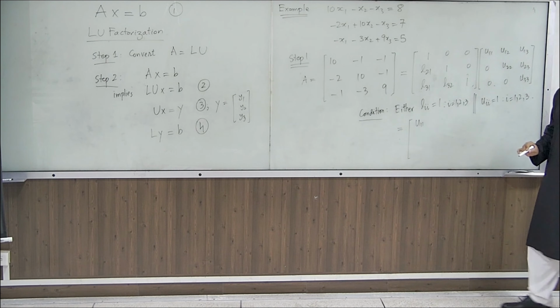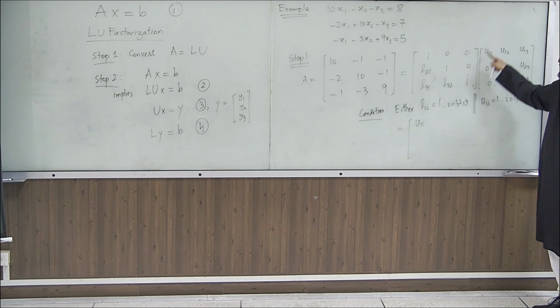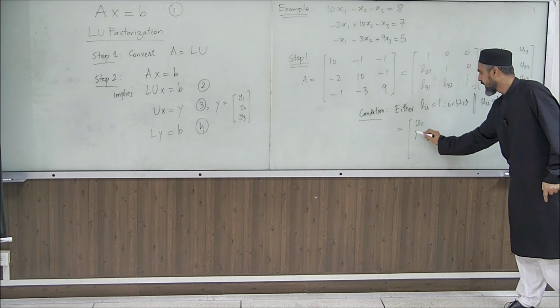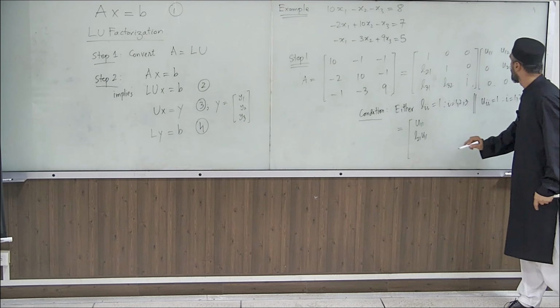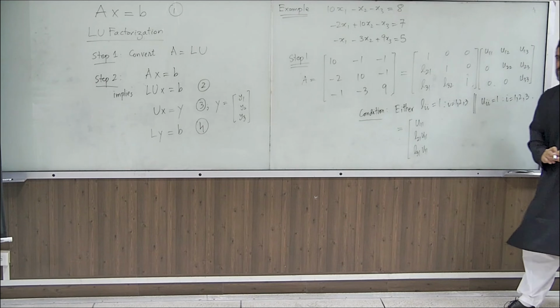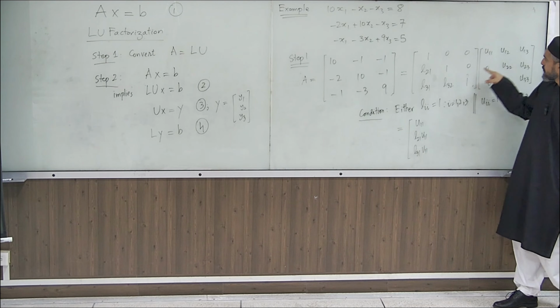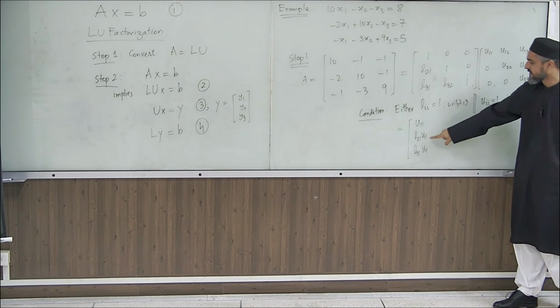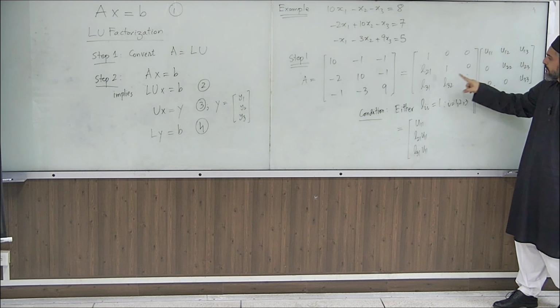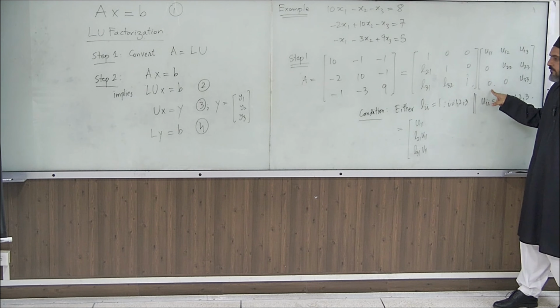If I multiply this row with this column, I'm going to get U11, then L21 U11, then L31 U11. If I multiply this row with this column, you're going to get this entry. So L21 multiplied by U11 plus 1 into 0 plus 0 into 0.